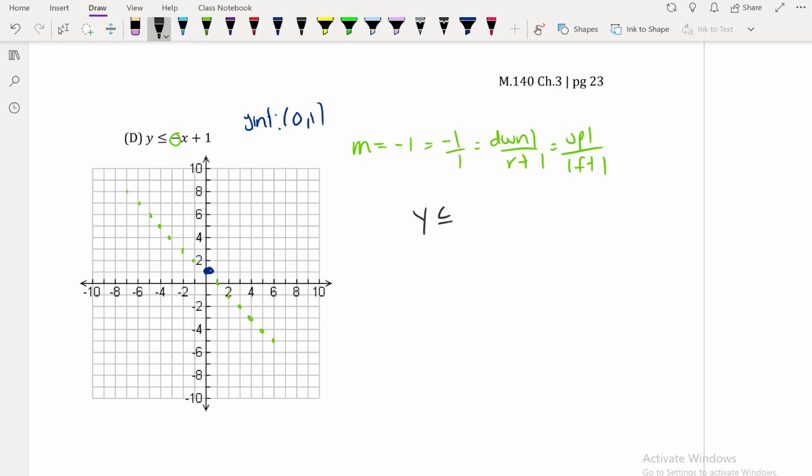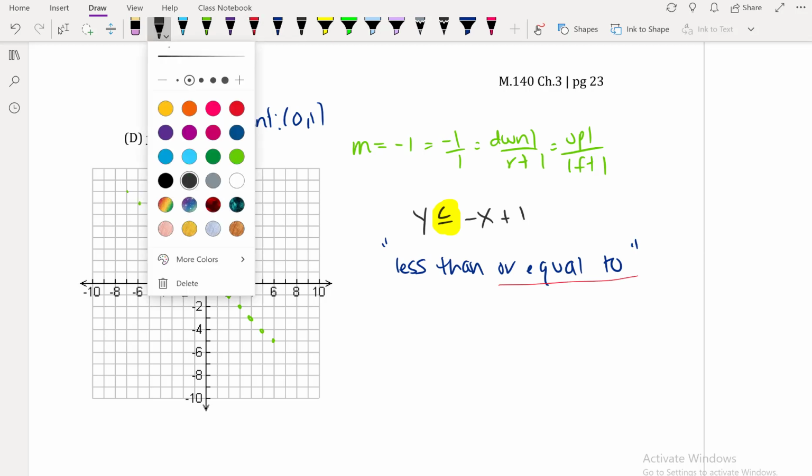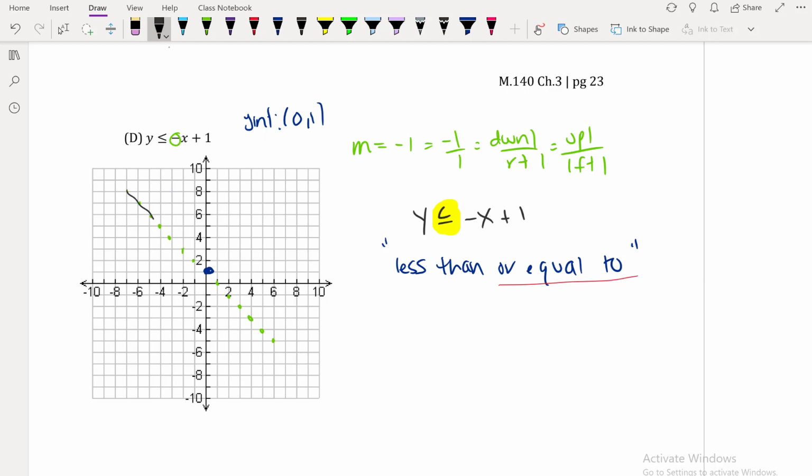Again, I have y is less than or equal to negative x plus 1. The fact that it's solid here, this is my less than or equal to. The fact that it's the or equal to, it has that line underneath. So it tells me that my line here is going to be solid.